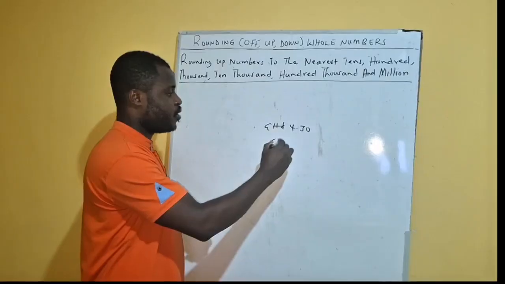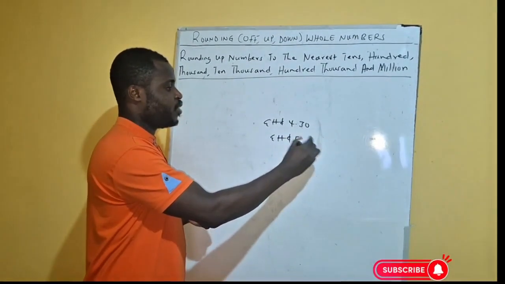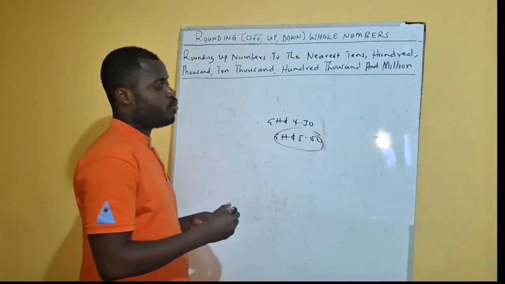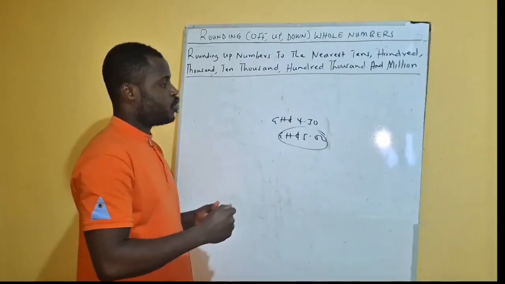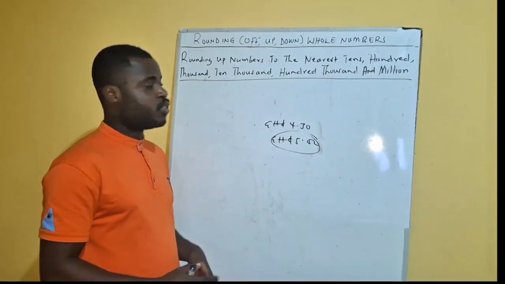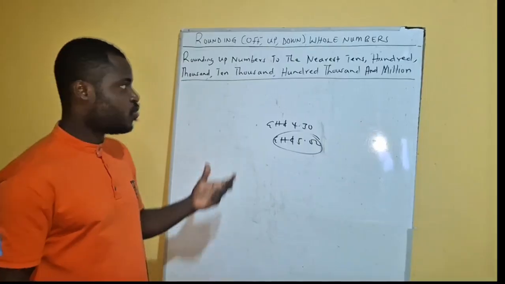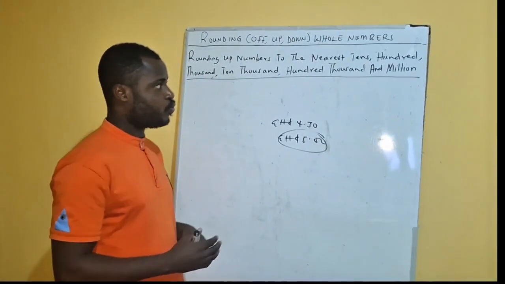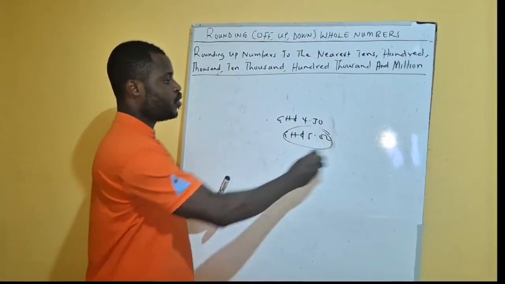Let's say 5 Ghana cedis. So you have rounded up this amount from 4 cedis, 30 pesewas to 5 cedis. So it is very, very important we know how to round up the given number.